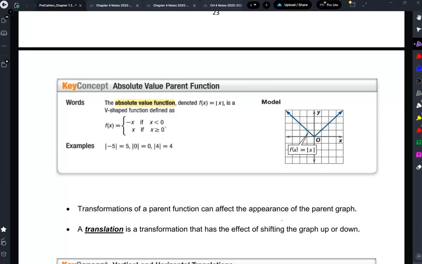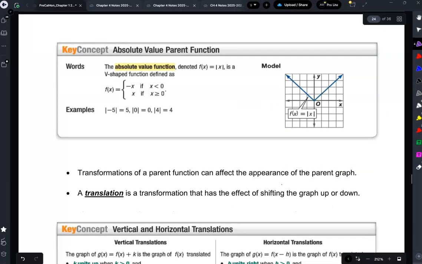Now, the absolute value function can also be written as a piecewise function because here, this one is y equals x, correct? So from 0 to infinity, when x is greater than or equal to 0, that function is x.